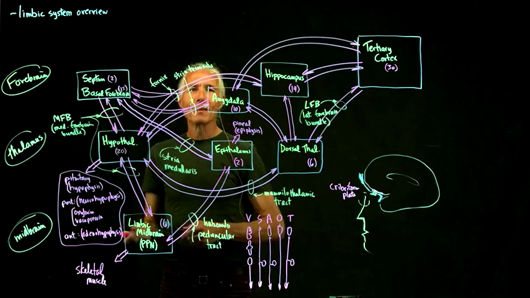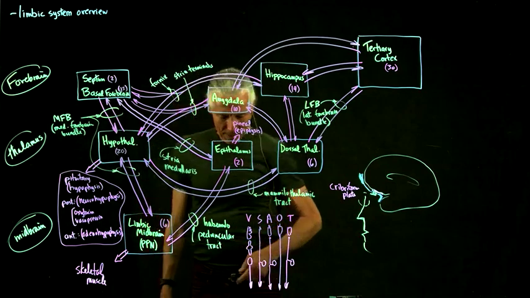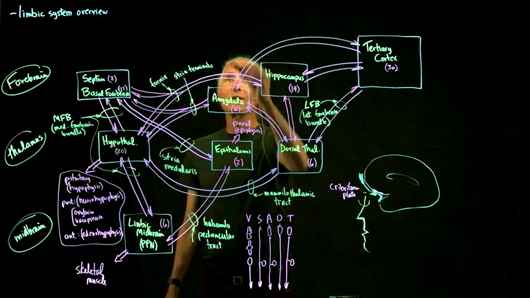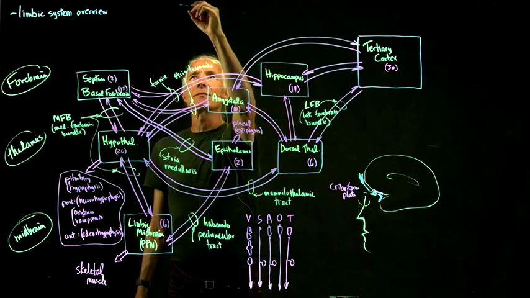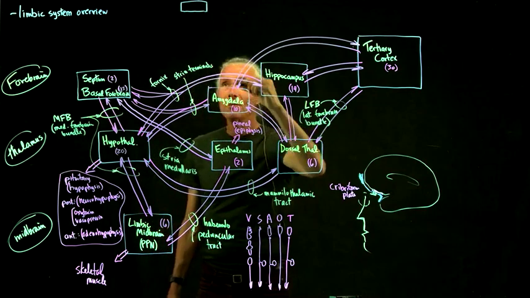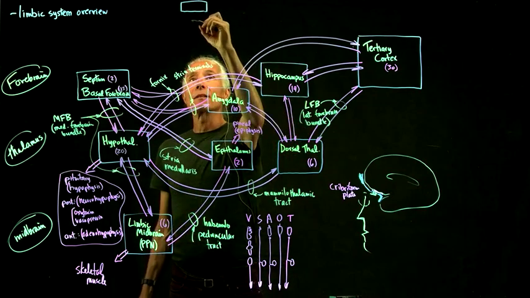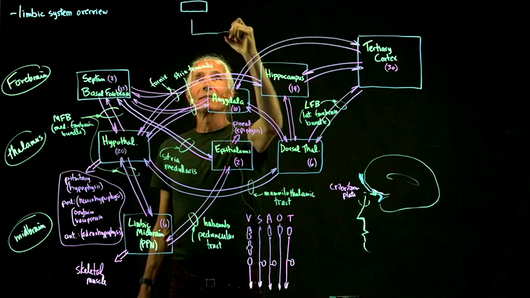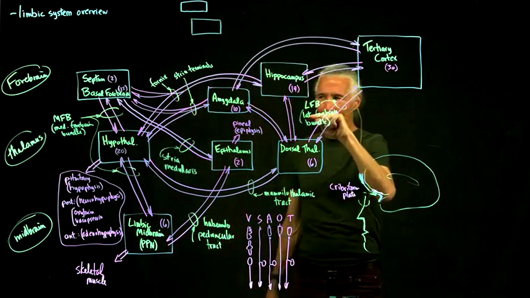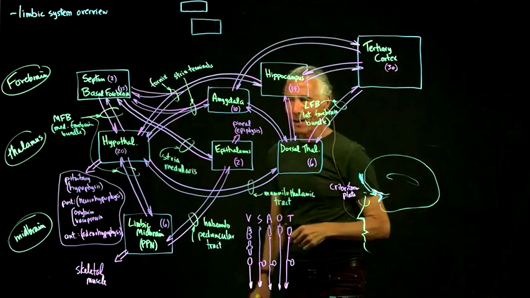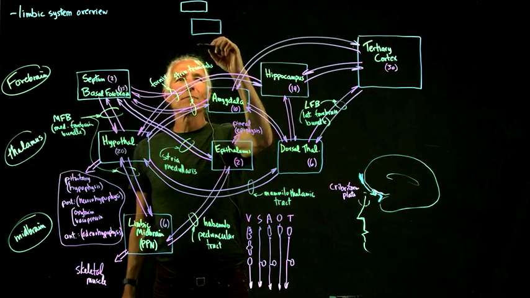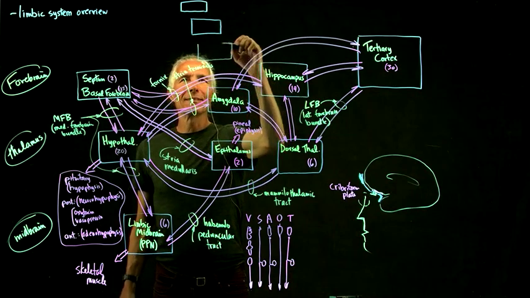So let's do taste first. Here are some taste buds up here, and those project into something called the solitary nucleus, because if you look in a human brain, it looks like a little dot surrounded by a little gap of fibers. And then that projects to something called the parabrachial nucleus.